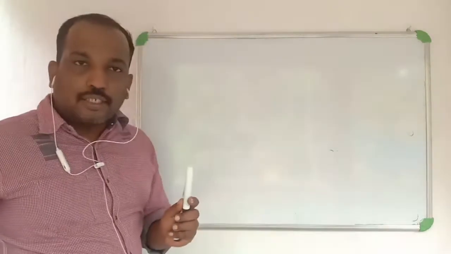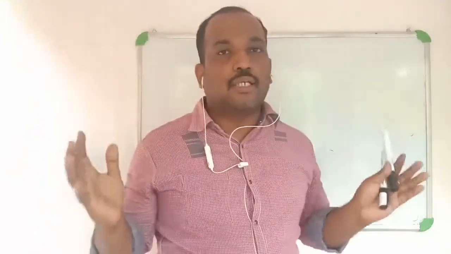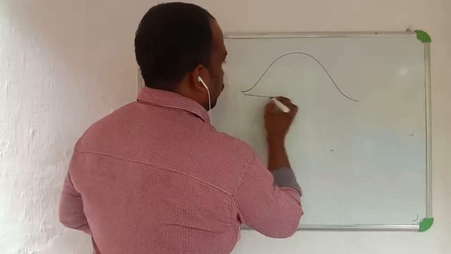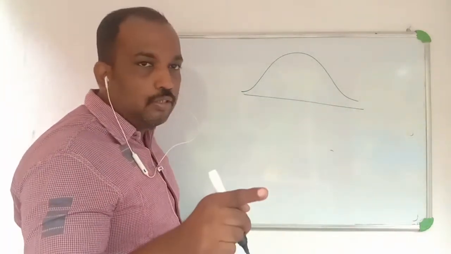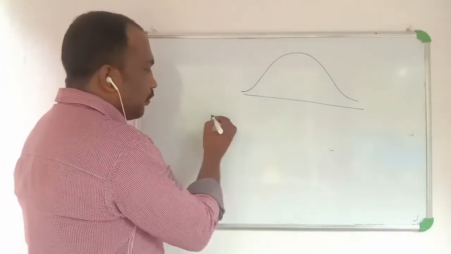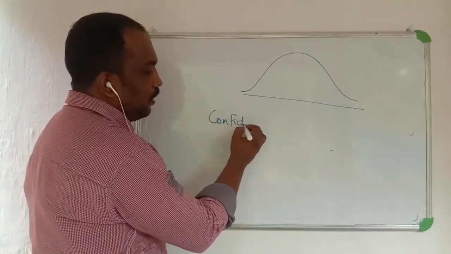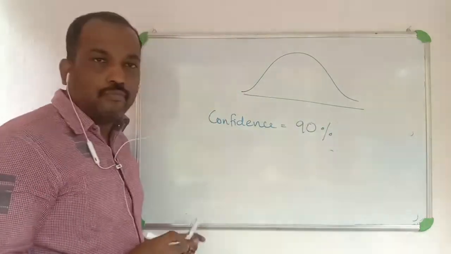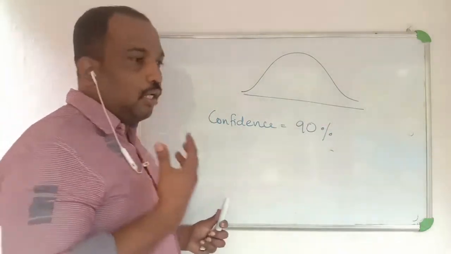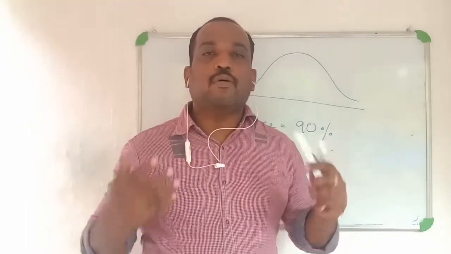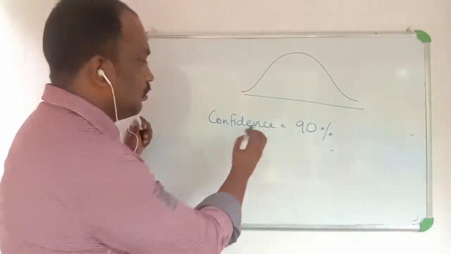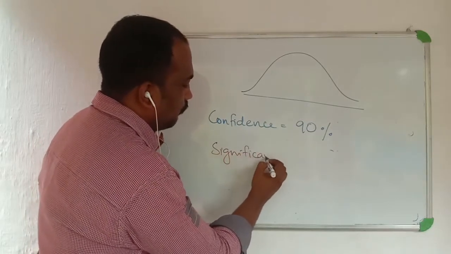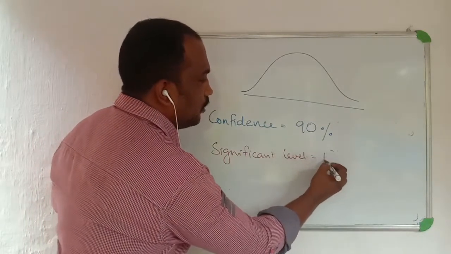In your total results, 100% can be divided into two parts based on our confidence level. Suppose our confidence level is 90%. Like I have made a claim and I'm confident only 90%. That means my significant level is 10%.